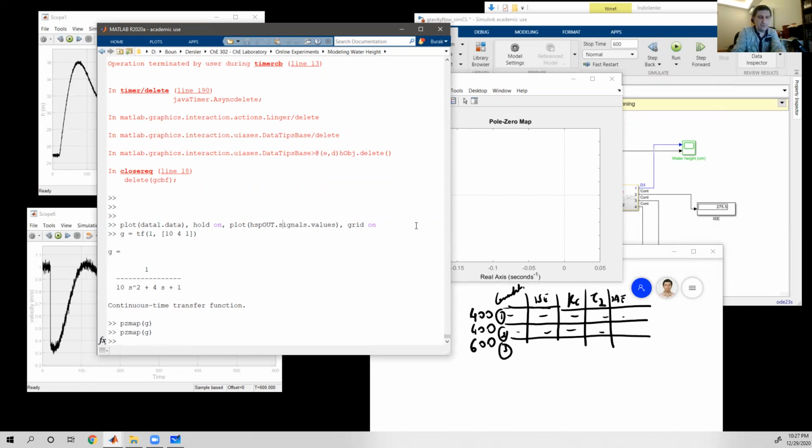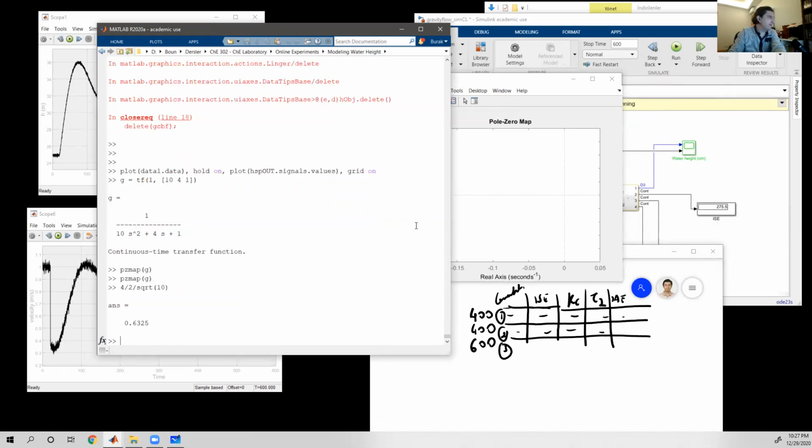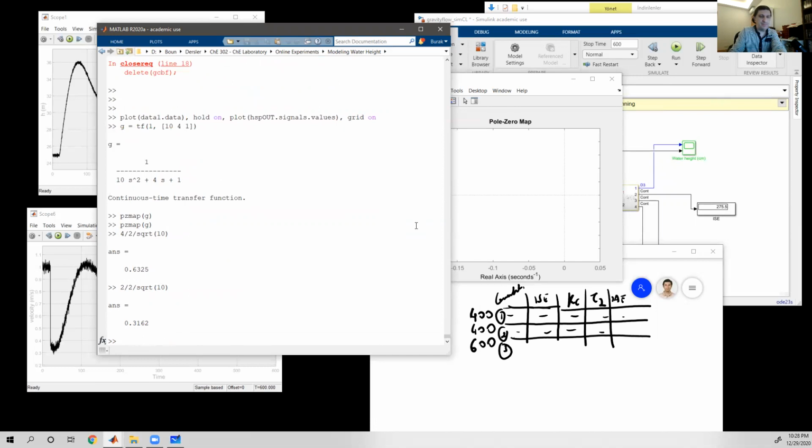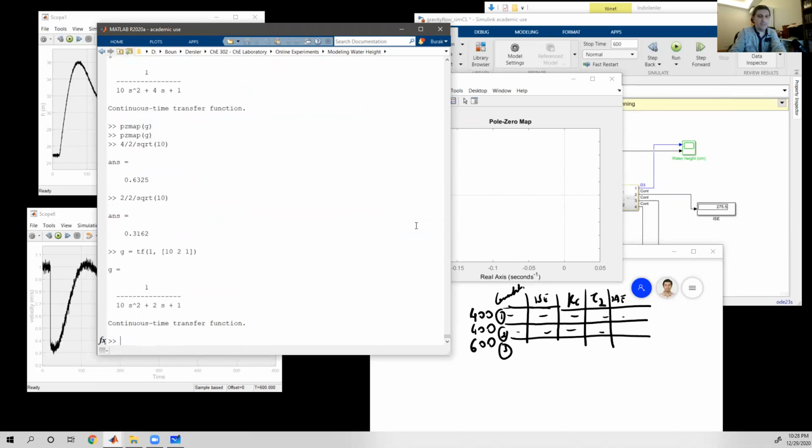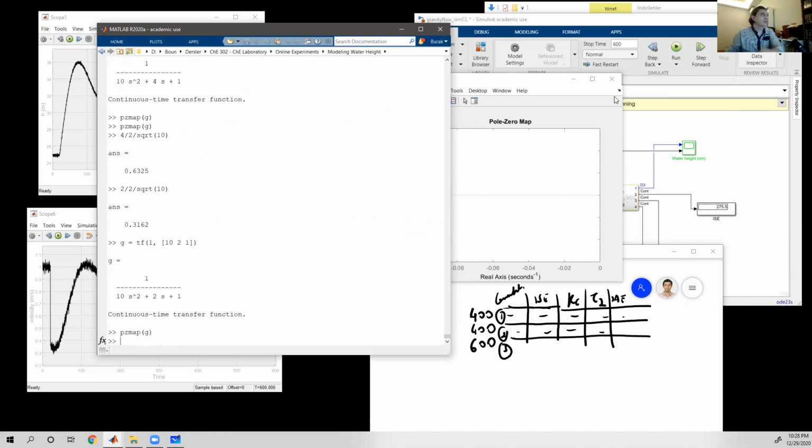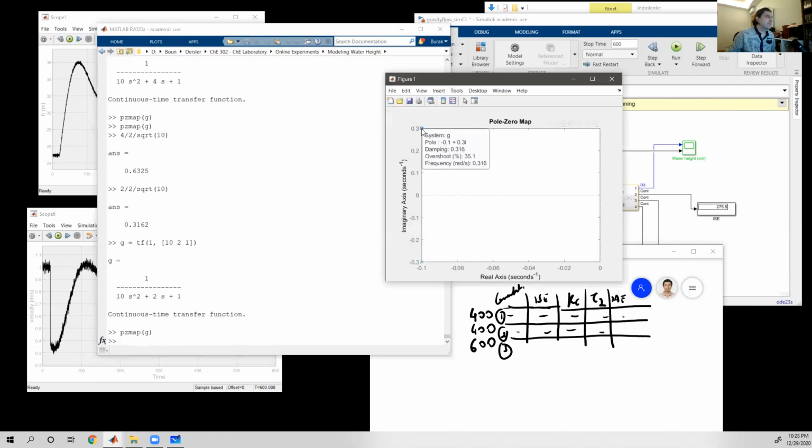How is this going to be equal to this number that I write here over 2 over square root of 10? Right, this is, I think, zeta. Yeah, so that 4 should be equal to, if I make it 2, yeah, that's pretty okay. So let me first make it 2 and see what it corresponds to, and let me prove that this is the case. So if I put it, yeah, damping is 0.3.